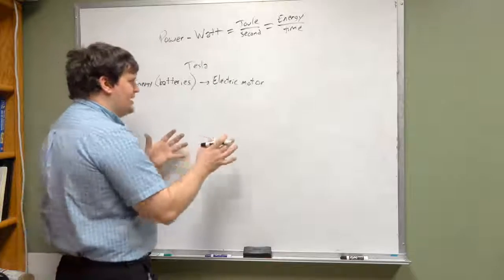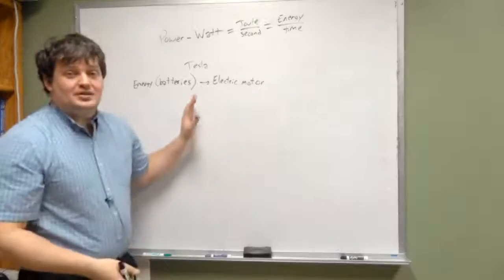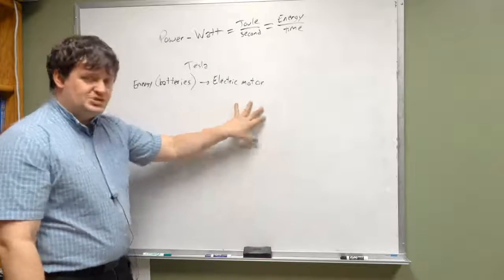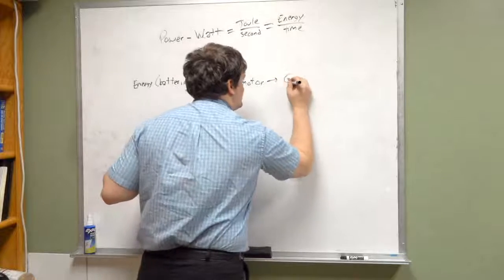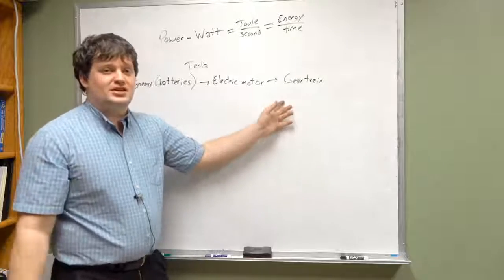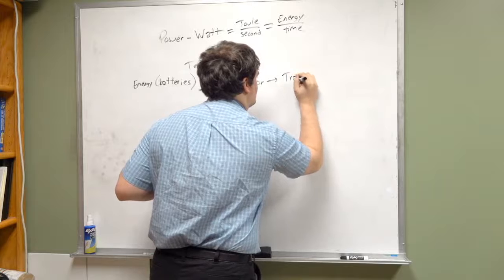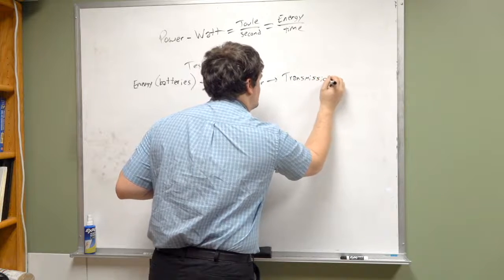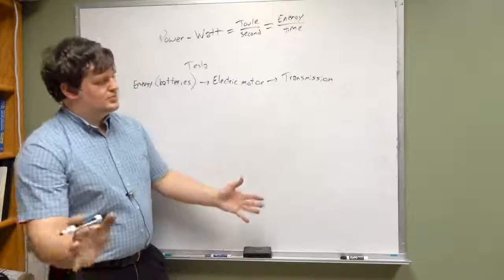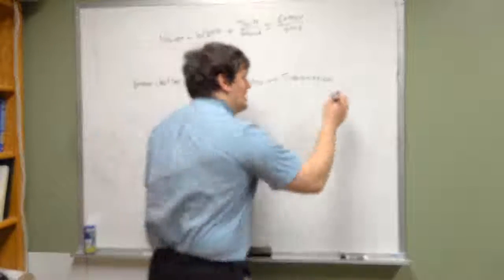But in any case, using coils and apertures and everything, that electric power is converted into rotational power. That rotational power then goes into a gear train, which converts rotational power into rotational power. The transmission converts rotational power into translational power, and what you have is vehicle speed.